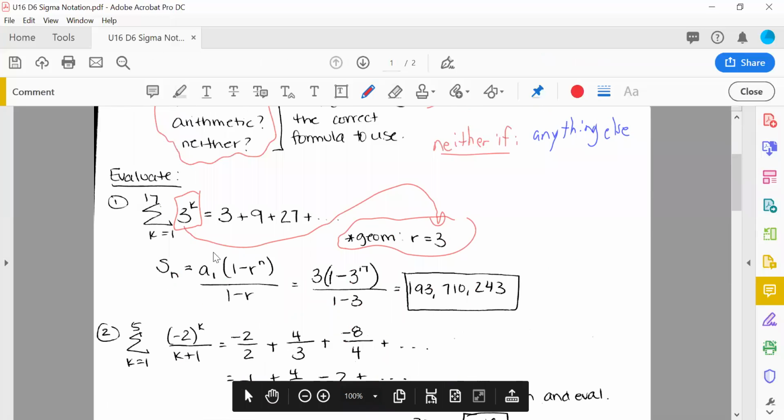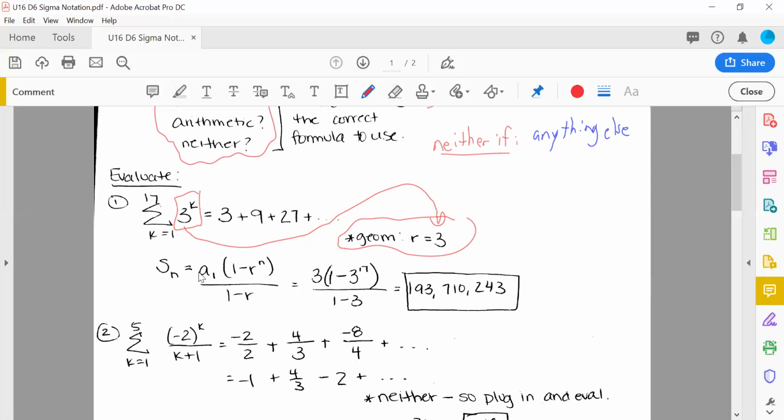And in this case, 3, 9, 27, yes, you're multiplying by 3, r equals 3. So that means you could use the geometric sum formula, which is right here. The first term is 3. All right. The r value is also 3. And you're finding the sum of 17 terms. Remember, one thing you could do: n equals the top term minus the bottom term plus 1.